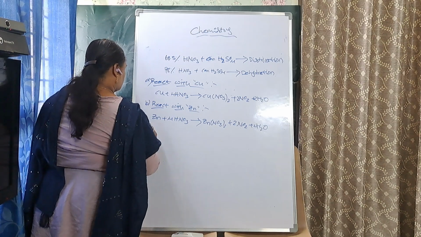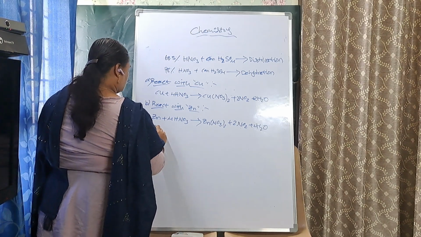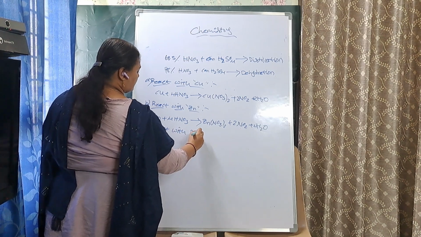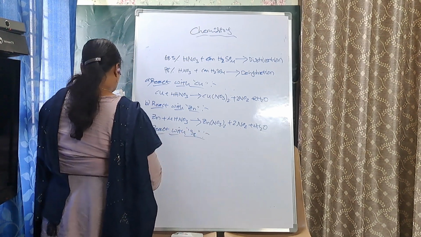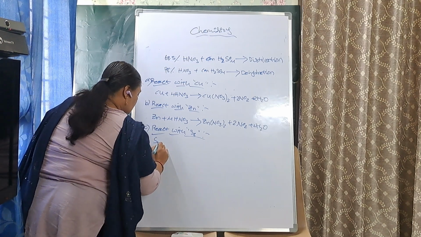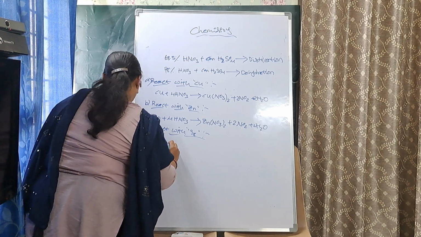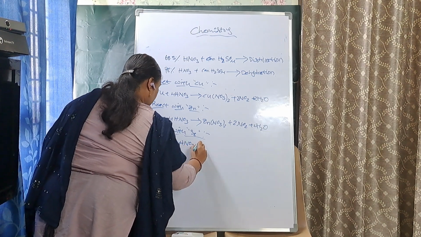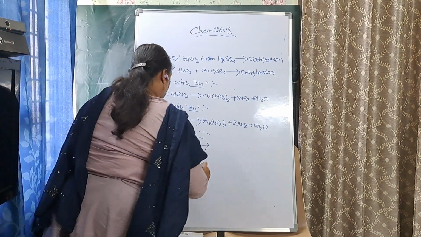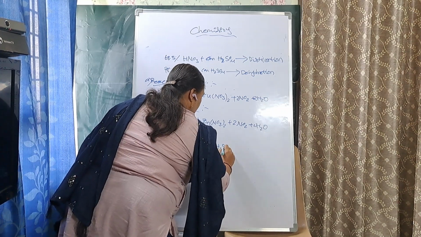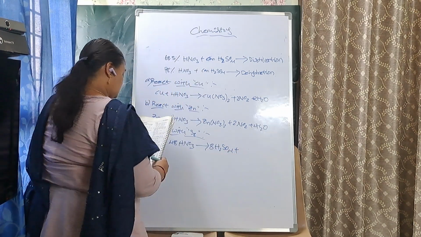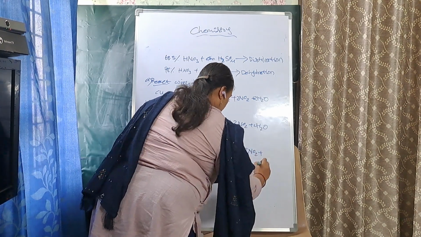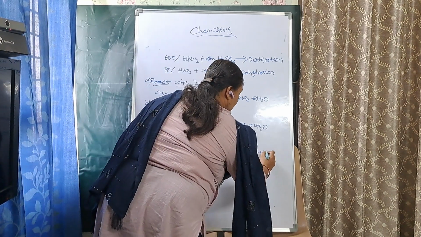Next, sulfur. Whenever sulfur reacts with nitric acid, we get sulfuric acid plus nitrogen dioxide plus water.